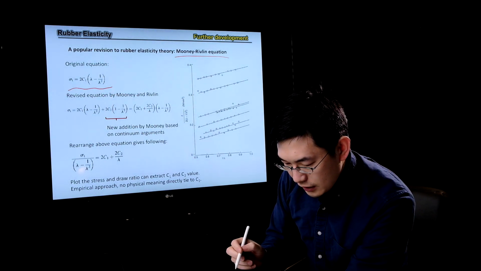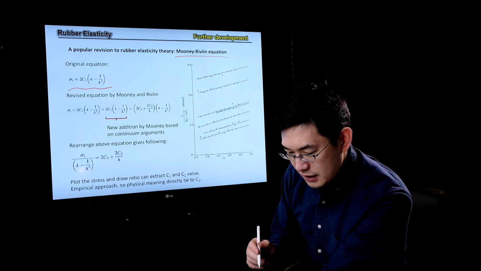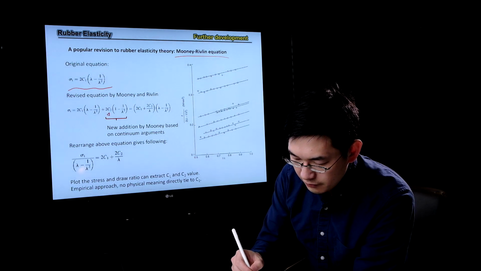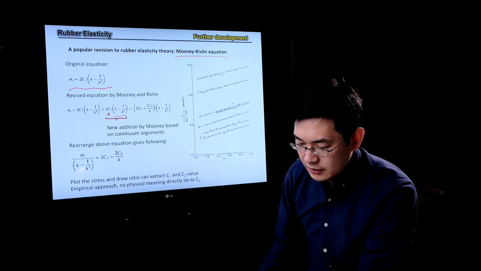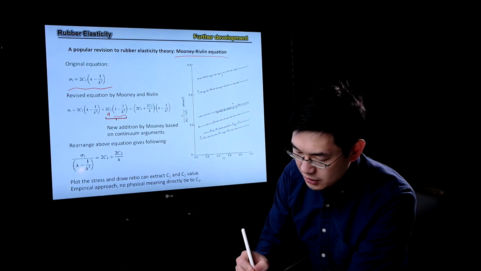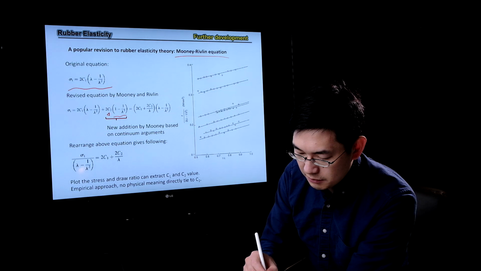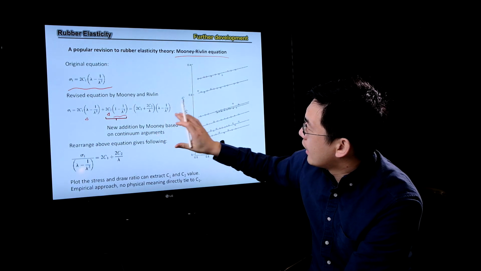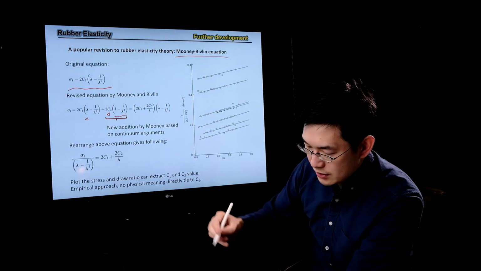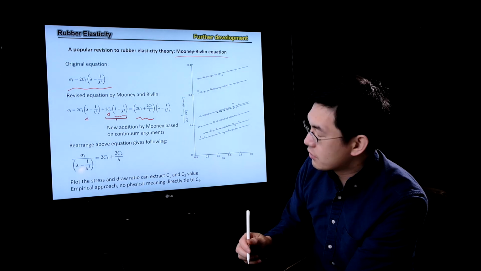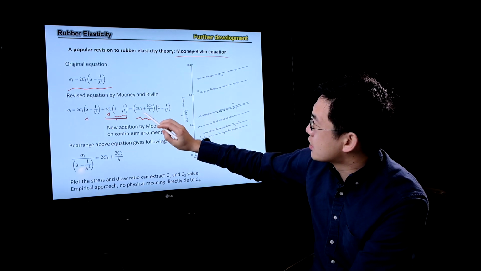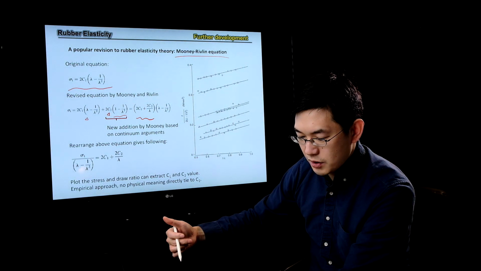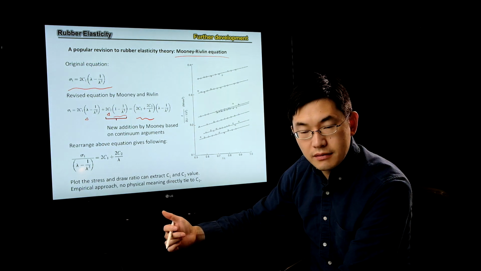And what Mooney, based on the continuum argument, is we can add a second continuum term C2, and its dependence on the extension ratio is weaker, so it's no longer dependent on lambda but dependent on 1 divided by lambda cubed. By combining these two we can now modify the original equation to have C1 and C2 terms, and C1 and C2 are two constants, and you can get the C1 and C2 based on measurements.